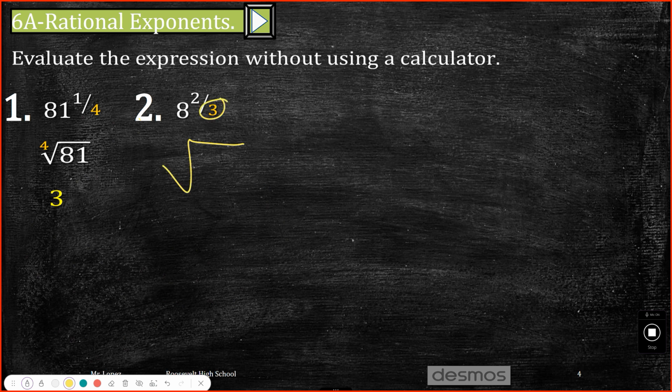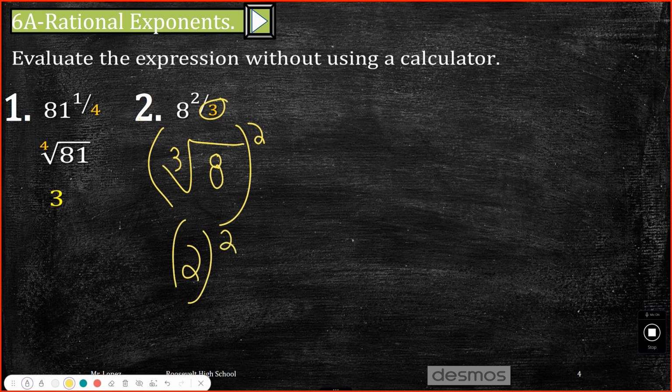So this 3 is going to go in the index here. And then you can go ahead and put the 8 and then the 2 outside. I'm doing it just the same as I did this one. So it's asking again, on the inside, what number multiplied by itself 3 times is 8? And that number is 2. Then you have 2 squared. What is 2 squared? 4. Make sense?